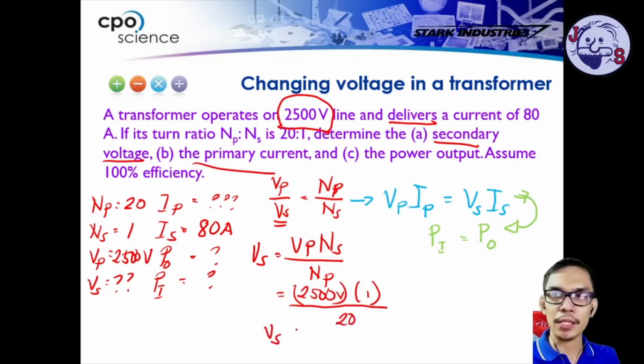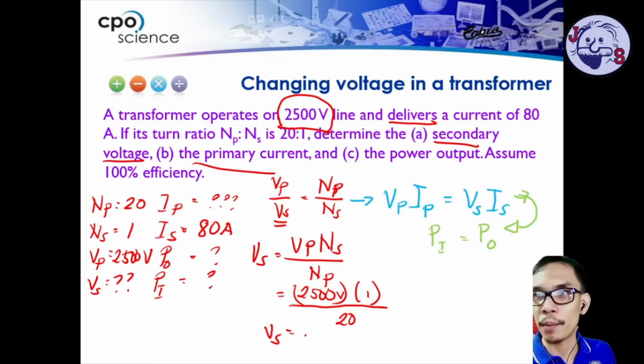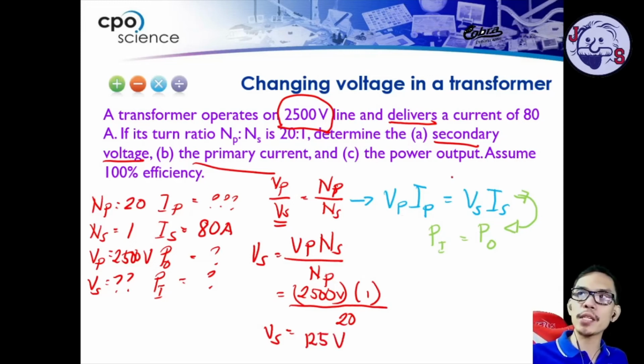So what will be the Vs? 2,500 over 20 is 125 volts. The complete answer is the secondary voltage of this transformer is 125 volts.